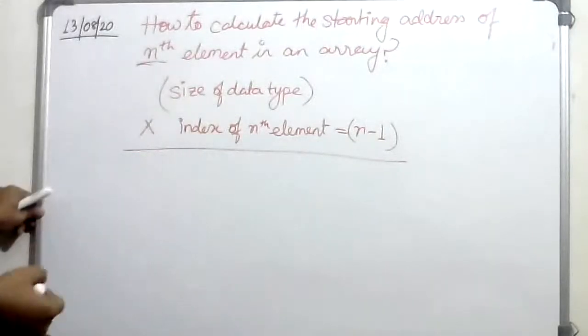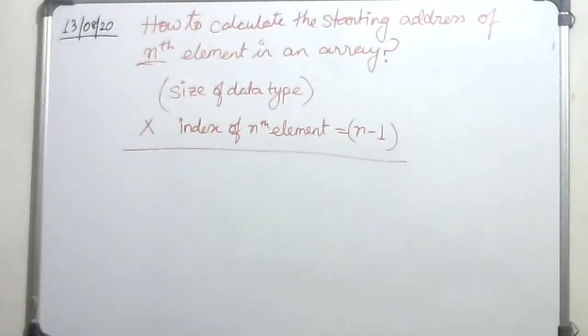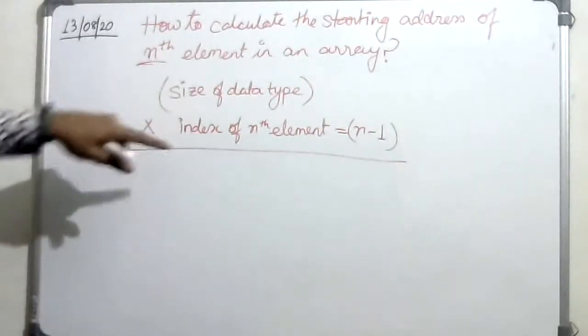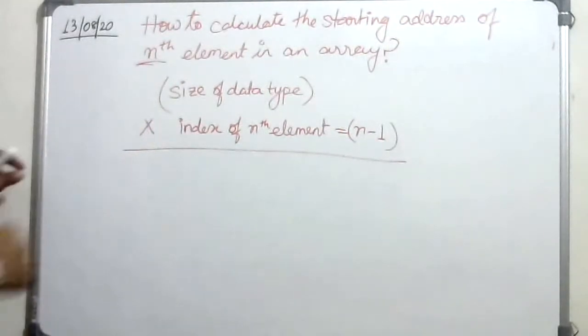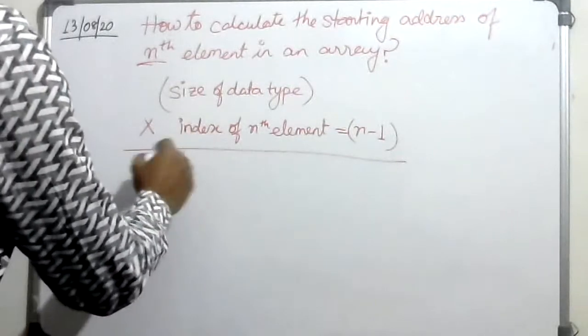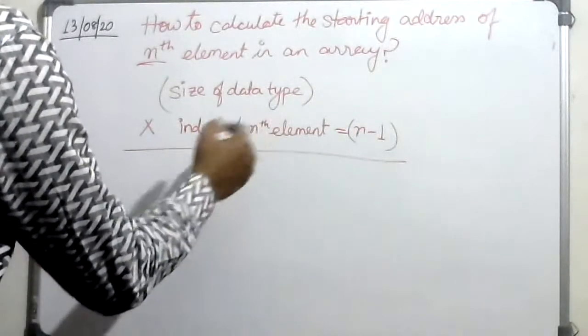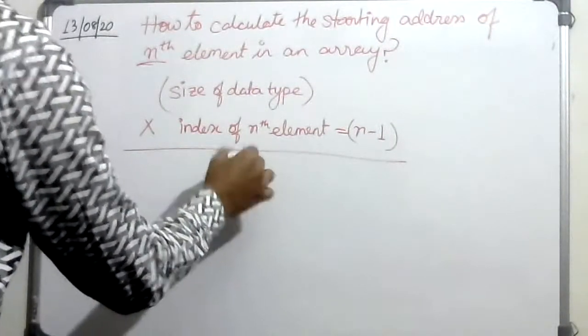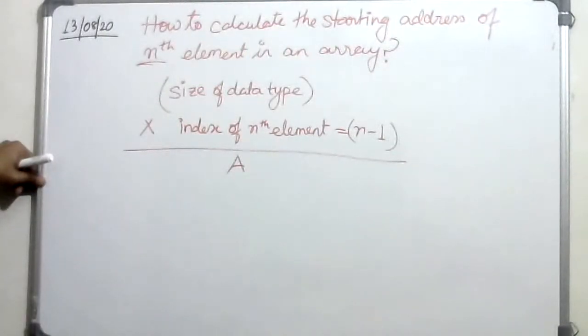You get something. Now the value that you will get from here, let's call this value A, just taking a variable for the value.